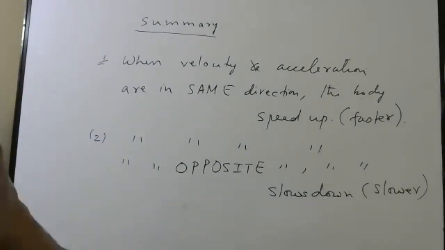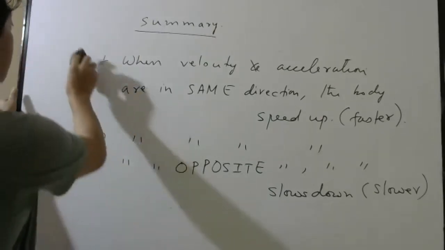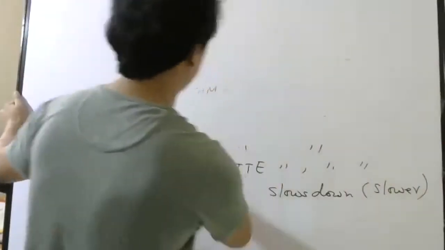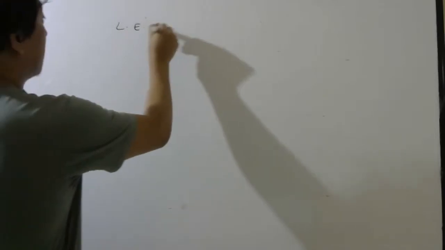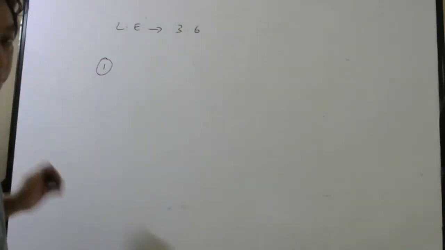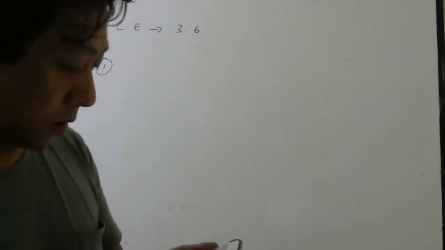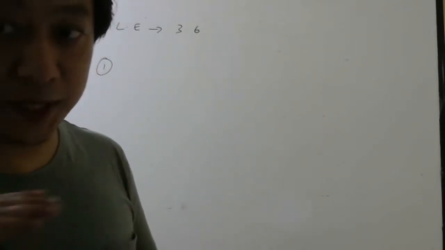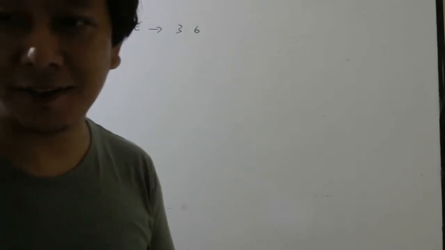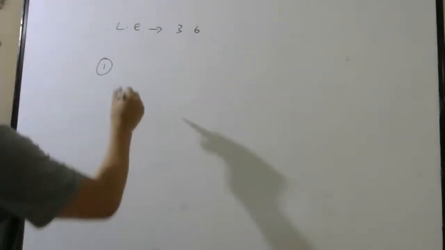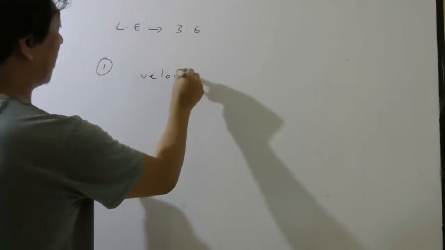Okay, let us see learning exercise 3.6, question number 1. If a body is speeding up in a straight line, what can you say about the direction of velocity and acceleration?